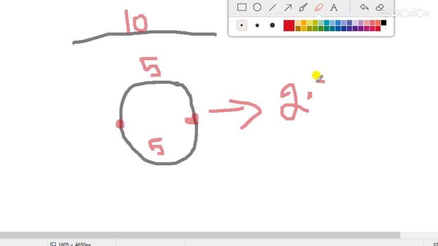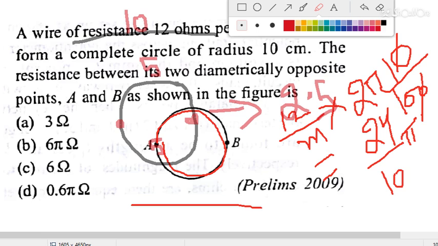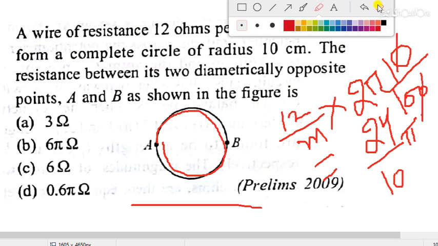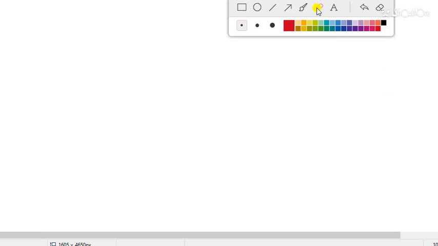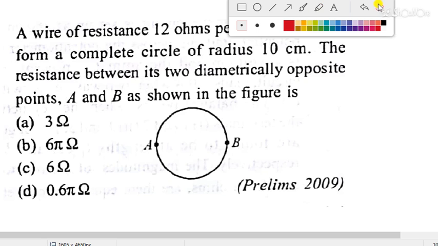So in the same way, in the given question, you can see, this was the question. Suppose this is a straight wire and its length will be 2 pi r because we have opened the circle.